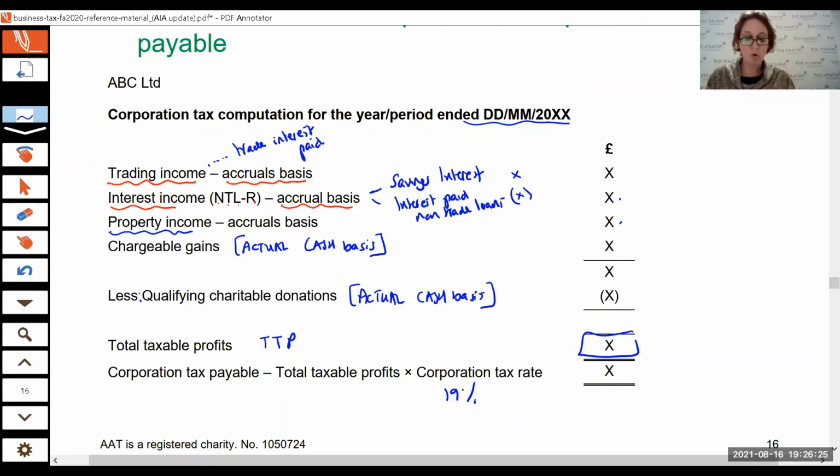That is all given. And it's a little summary of where your income comes from your painting and decorating business. Add on any interest, the interest received minus the interest paid on non-trade items. Add on income from property, add on income from gains, knock off charitable donations, and find your TTP.